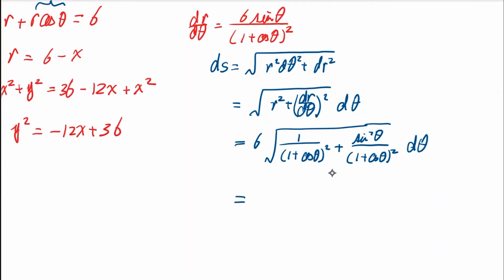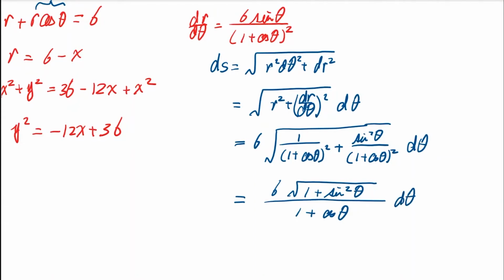So what we have here is 6 square root of 1 plus sine squared theta, and the denominator is just 1 plus cosine theta. So far with me? Say yes. Sarah, do you have a question?